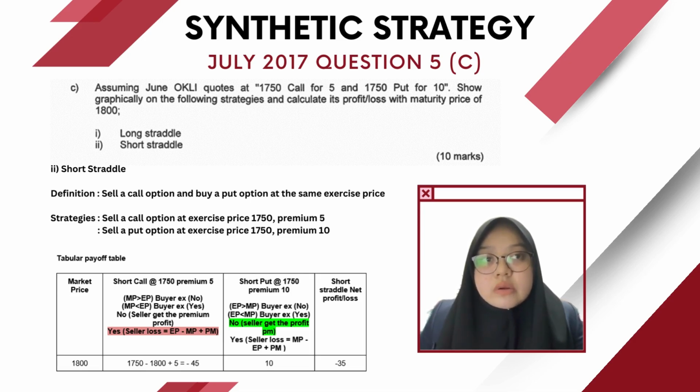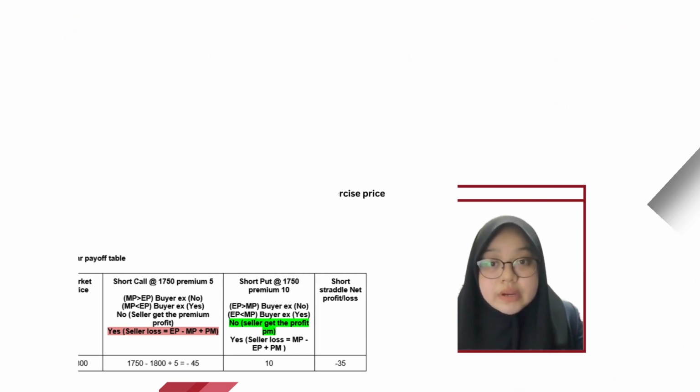The seller will suffer a loss, which is the formula is exercise price minus the market price and then plus the premium. The seller only has premium. So the total short straddle net profit or loss for the seller is negative 35.